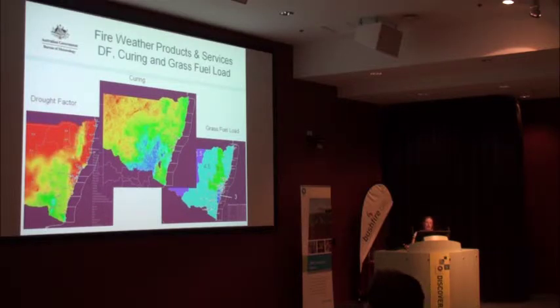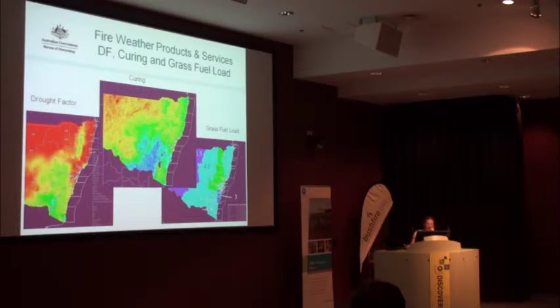So we've got different resolutions in model data that we're using. The drought factor is calculated on a grid that is more smoothed than perhaps the curing information that we're getting from satellite.